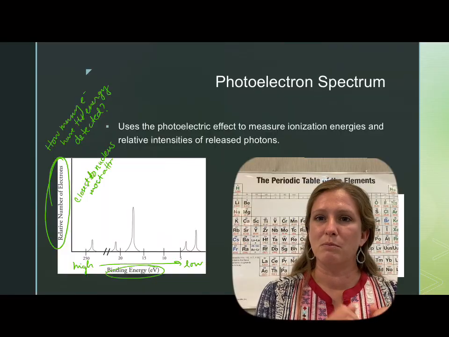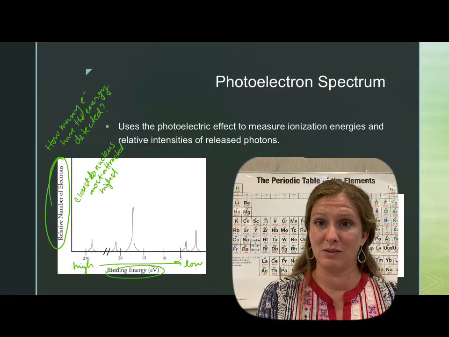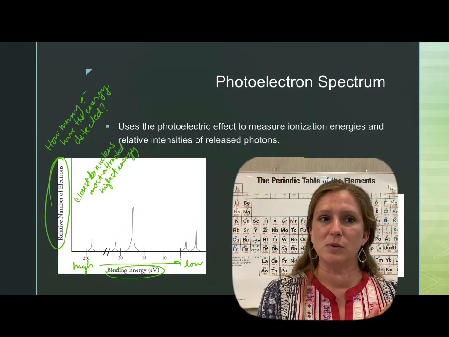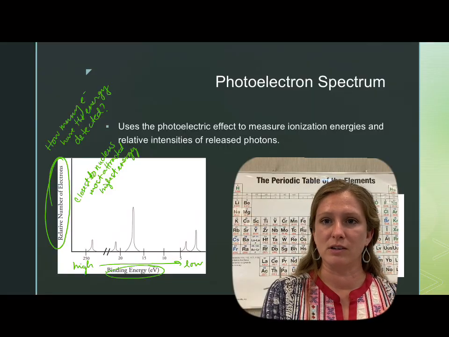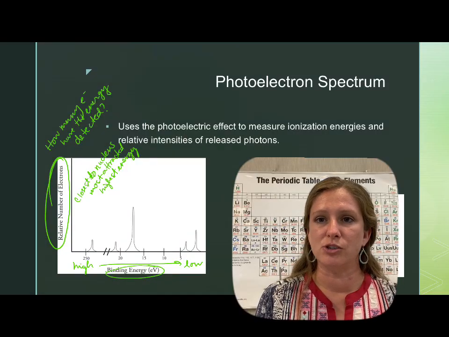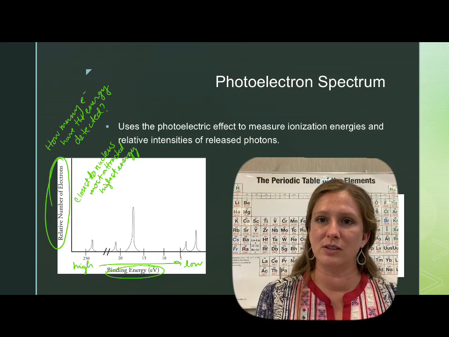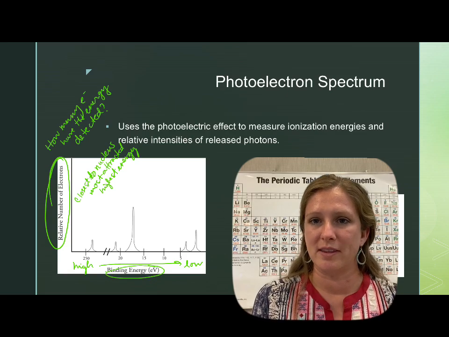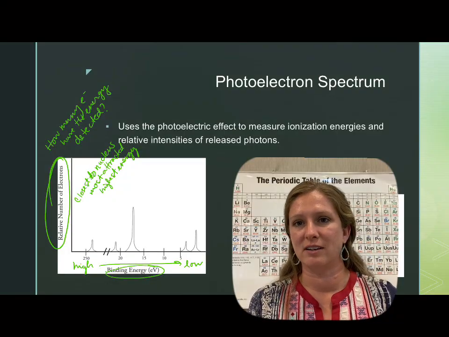And so it takes the most energy to remove the electrons that are closest to the nucleus. So by switching around that binding energy and putting the high binding energy first, we can ensure that the orbital that's closest to the nucleus is the first one that we see. And this puts the orbitals exactly in the electron configuration order.